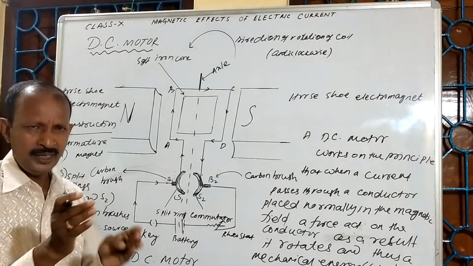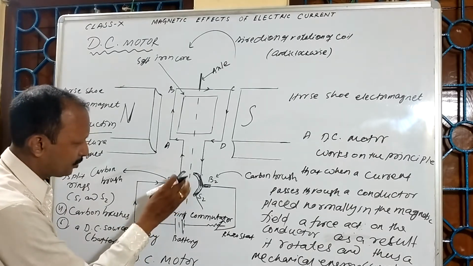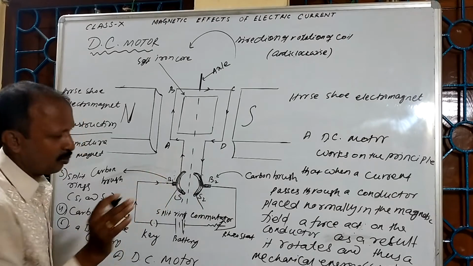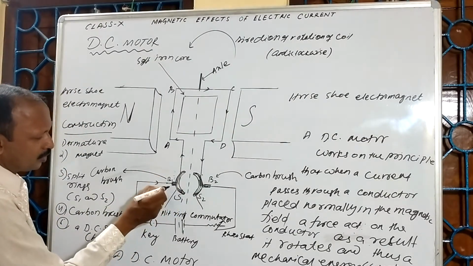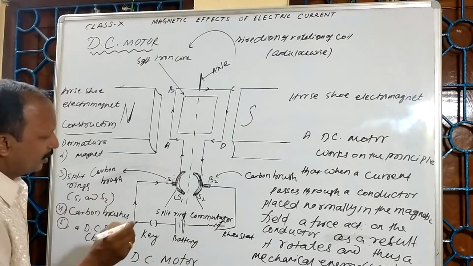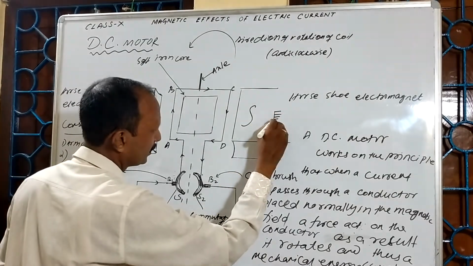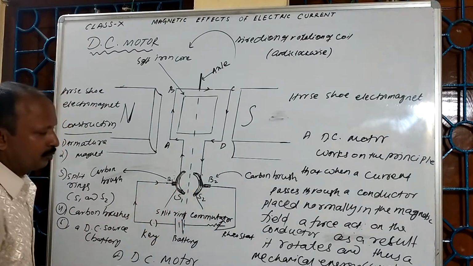One split ring divided into two parts, you can say. So one is S1, another one is S2. S1 is in contact with the brush. This is the carbon brush, in fact metallic brush like that. Two brushes, B1 and B2.